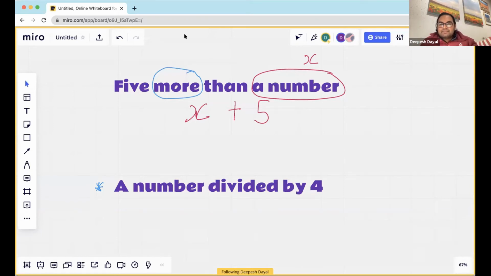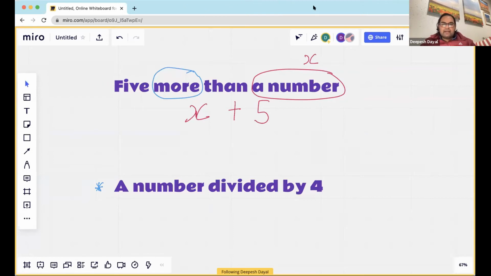So this one is saying a number. What is the number? x, hey? Yes, sir. And it says a number divided by 4. So what are we taking? We're taking that number x and we are dividing it by 4. So it's x divided into 4 different parts. Yes, sir.